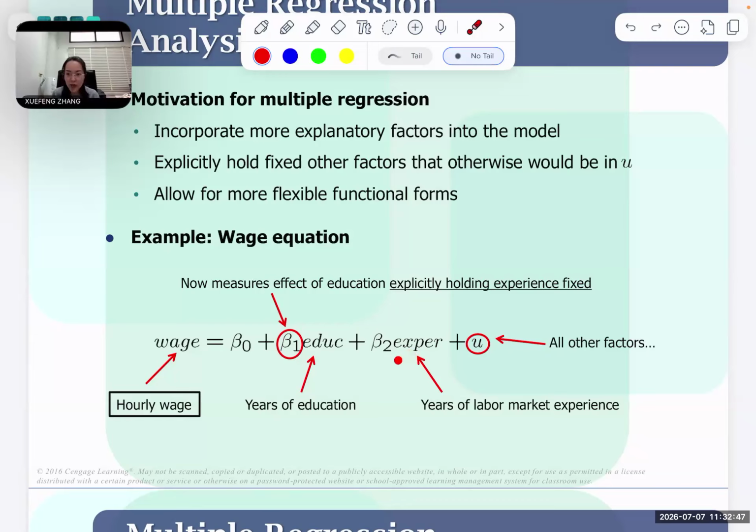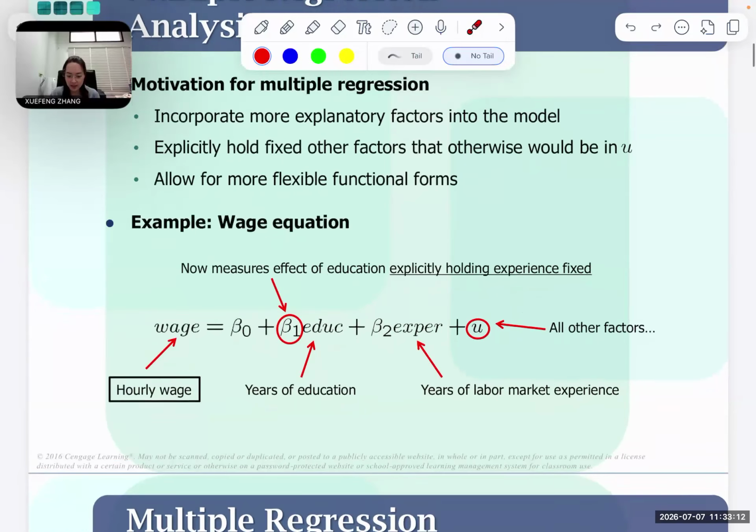Compare two people with the same years of experience: one more year of education raises wage by beta 1. That's a much cleaner, more believable estimate than before because experience is no longer contaminating mu.